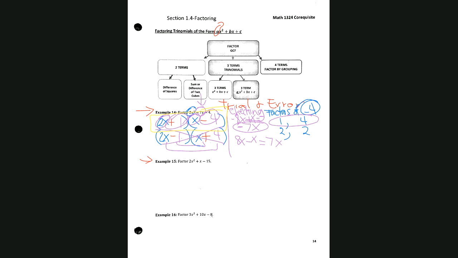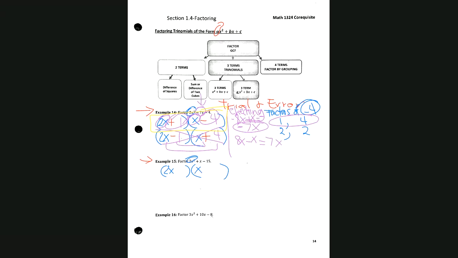Now for the next problem, we have another trinomial that we need to factor. And in this case, we start the same way. So for 2x, we will have 2x and x.